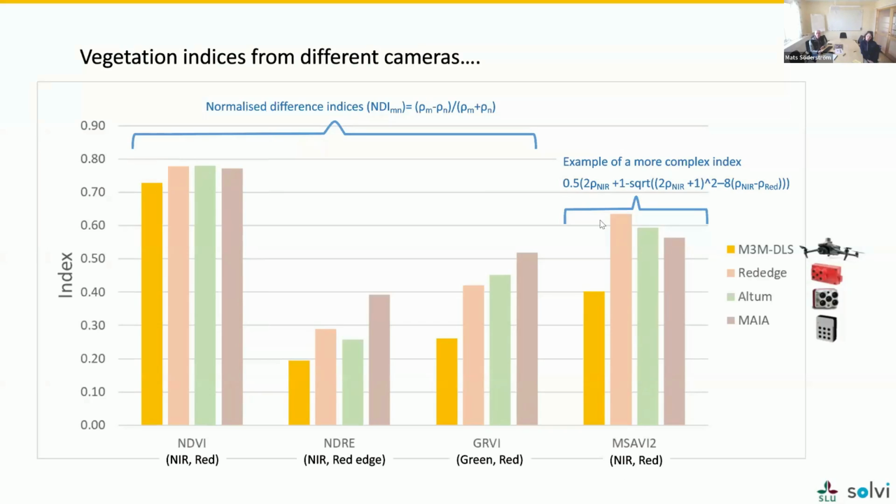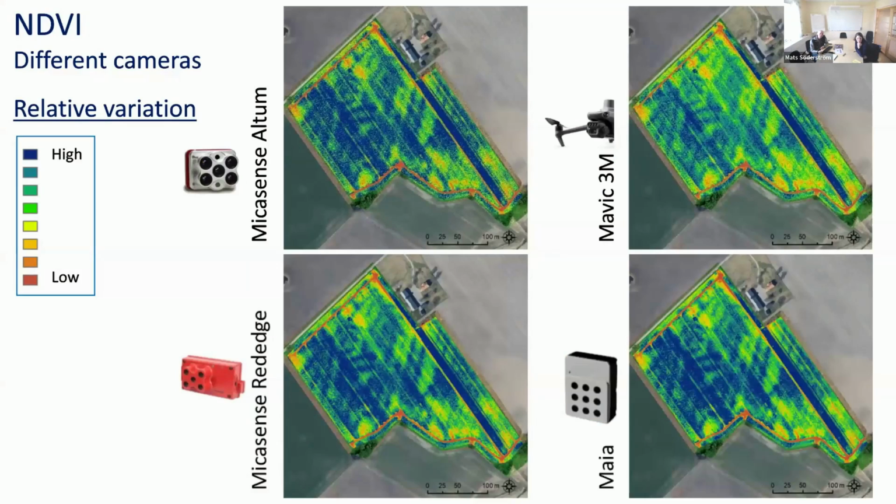It's based on the near infrared and red bands only, but it's a more strange equation. So some differences will be maybe more pronounced if you have more different values in the near infrared, for example. It will be more pronounced when you use this type of strange equation compared to just a quotient like this one.